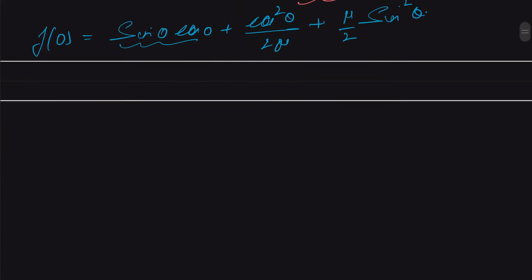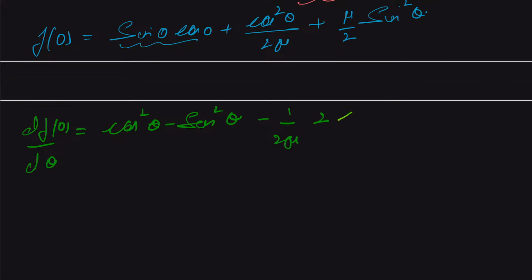Let us differentiate our first function, that is sine theta cos theta, so df of theta upon d theta: the first function gives us cos squared theta minus sine squared theta, and the second function gives us minus 1 upon 2 mu times 2 cos theta sine theta, and the last term gives us plus mu by 2 times 2 sine theta cos theta.